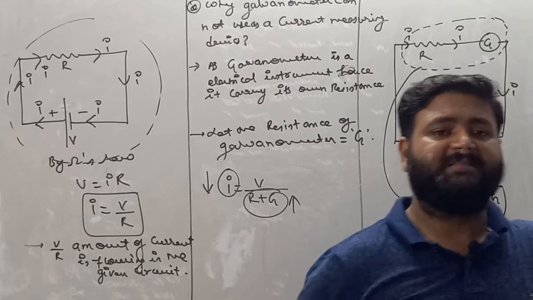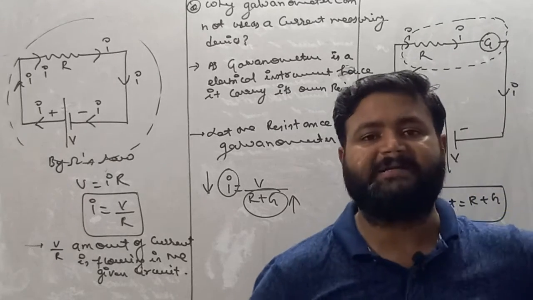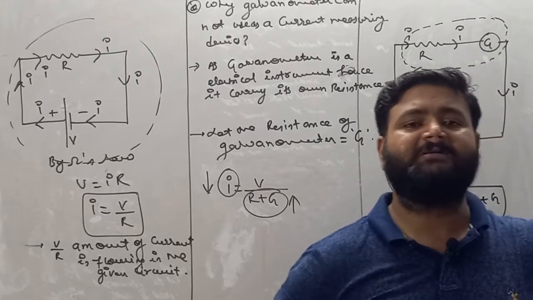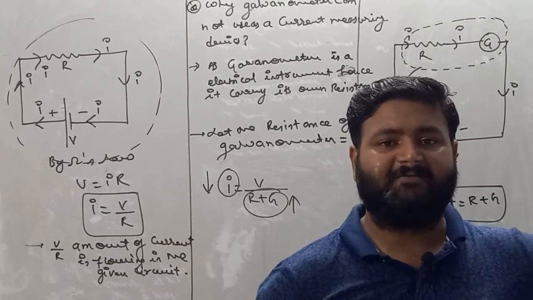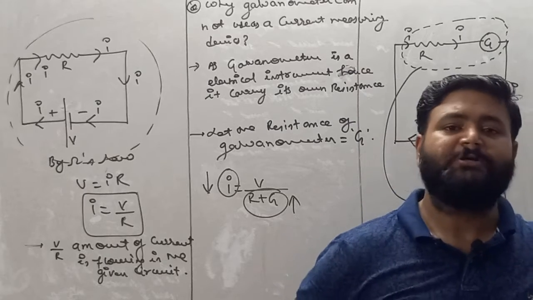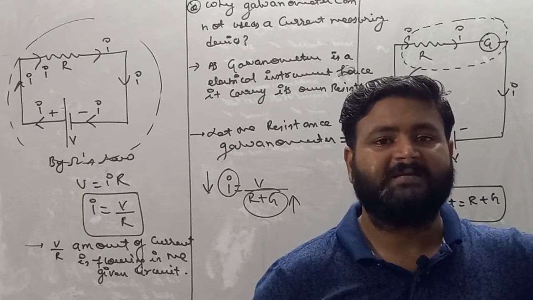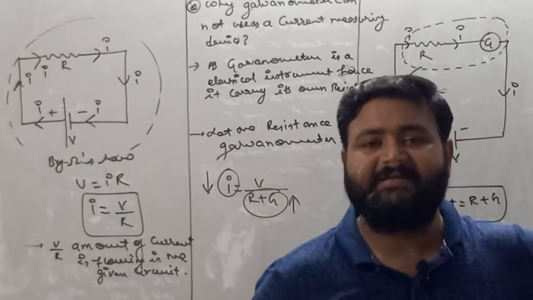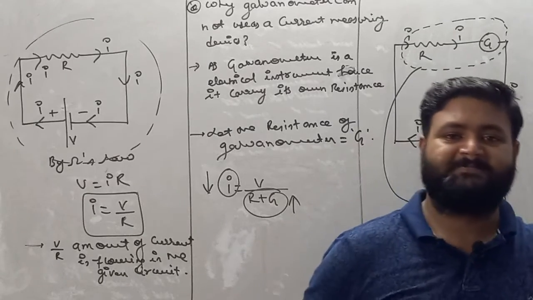That's why the galvanometer cannot be used as a current measuring device.